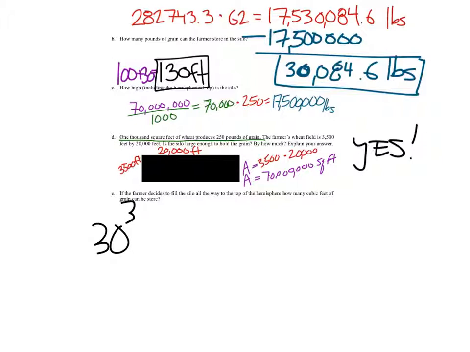So we're going to do 30 cubed times 4 times pi divided by 3, and then we have to divide that by 2.